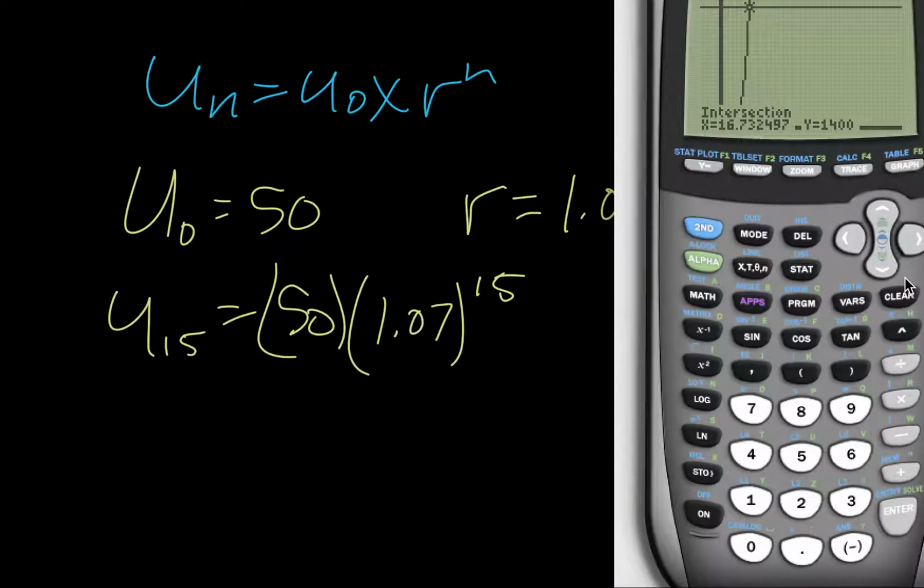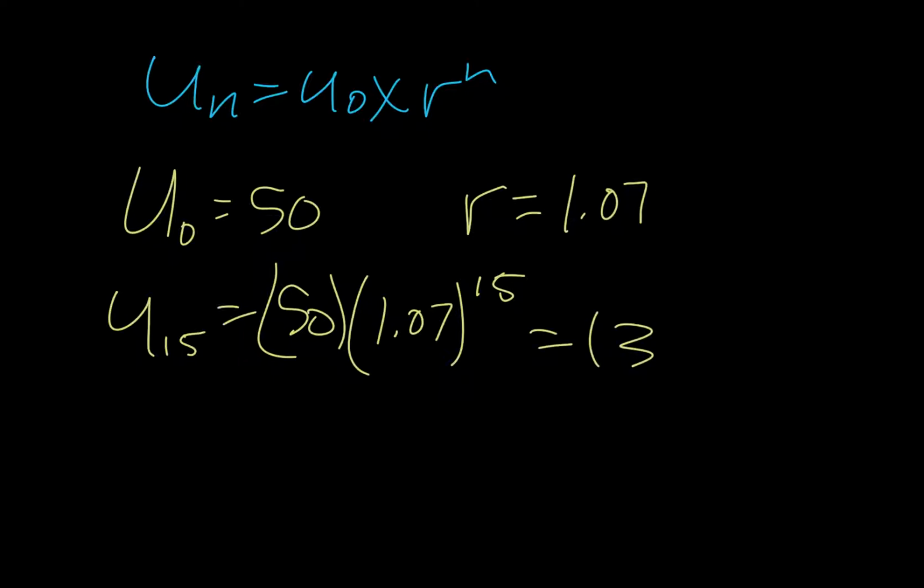So we just need to open our calculator, and we say 50 times 1.07 raised to the 15, and we get about 138 when we round that. Okay, that's about it with that one.